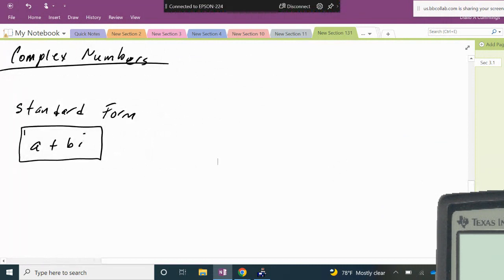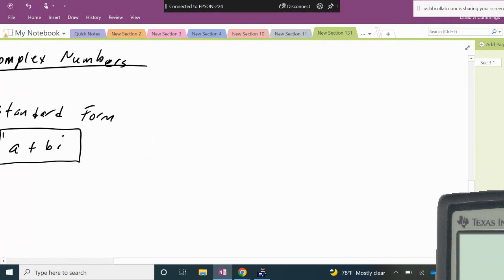and just where this i comes from, I'm going to go back to square roots for a second. So if we have the square root of 4, the square root of 4 is actually plus or minus 2, which means that if we take a positive 2, square that, we get a 4. If we take a negative 2, square that, we also have a 4.